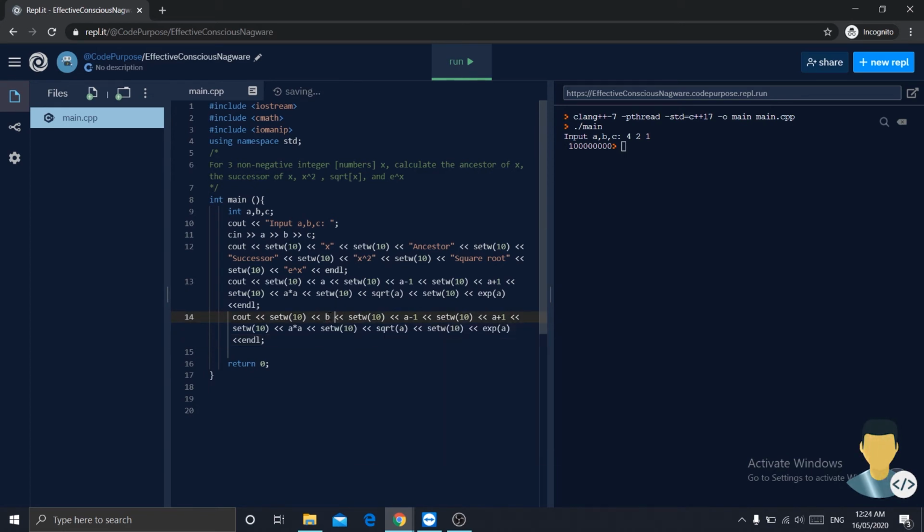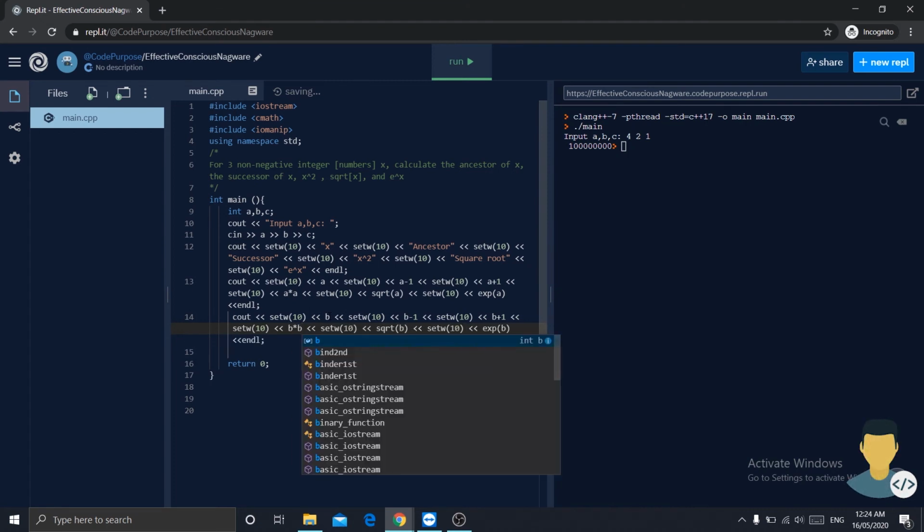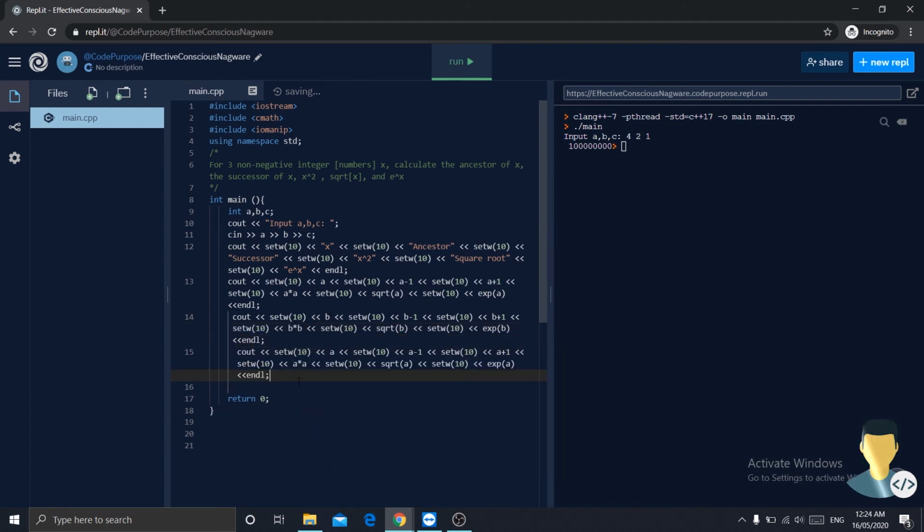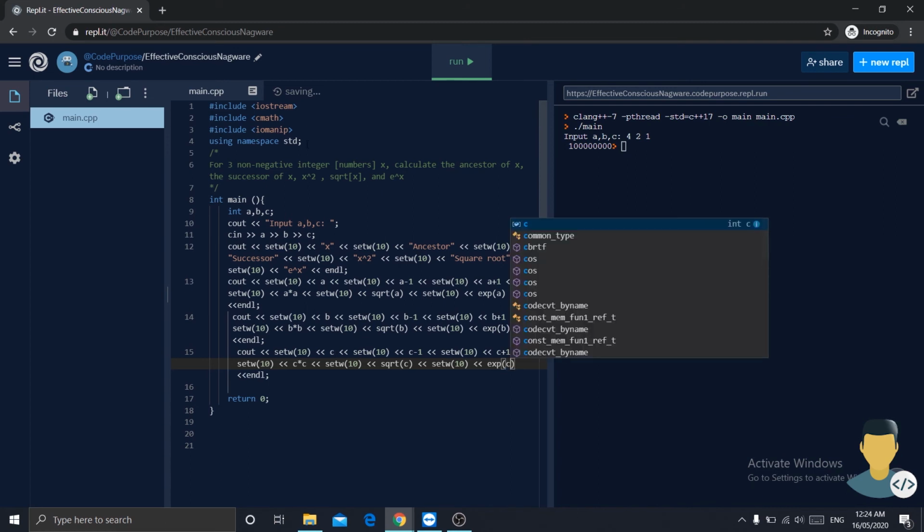Instead of a, we have b, b, and do the same for c. Yeah guys, I think we are done with our code.